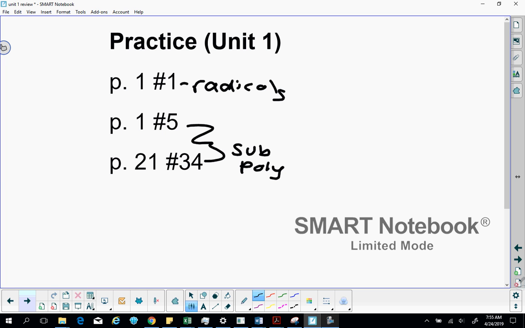So I would only do those if you know the other 2 pages. Your homework, which I'm going to have you take at the beginning of next class right away. If you're good with this and you're like, Miss K, this is simple, I already got the right answers, which I don't think any of you were, you can start your homework, which was unit 2, which is equations, inequalities, all that. But I would work on this for a little bit.